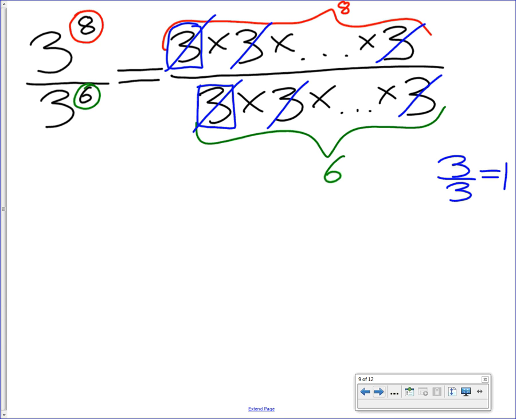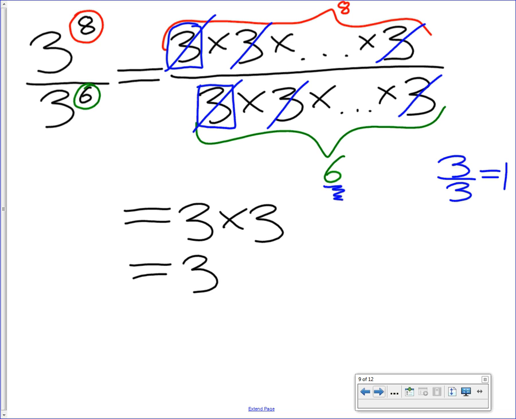We've got 8 3's on the top, 6 3's on the bottom. We will have 3 times 3 left over on the top after these 6 pairs get cancelled out. So we'll end up with just 3 times 3 surviving from the numerator, and that equals 3 squared. So 3 to the power of 8 divided by 3 to the power of 6 equals 3 squared.